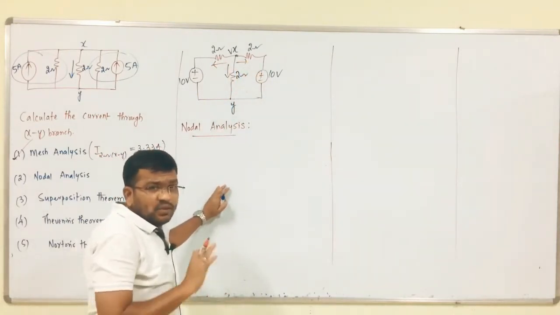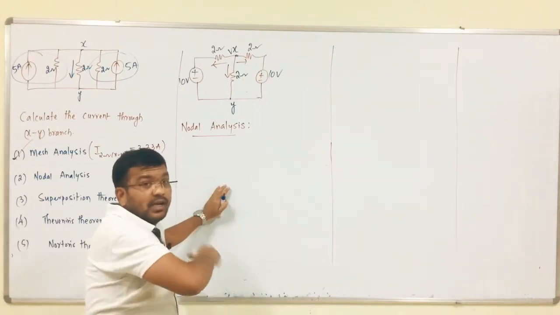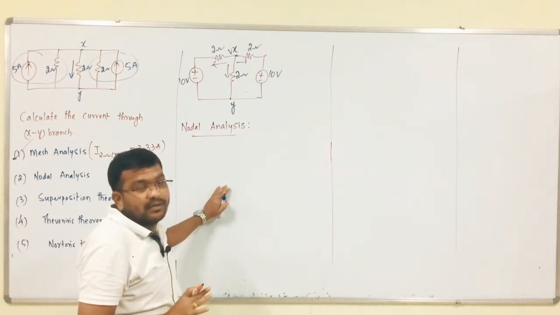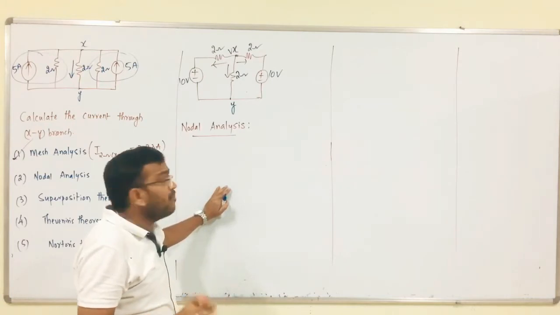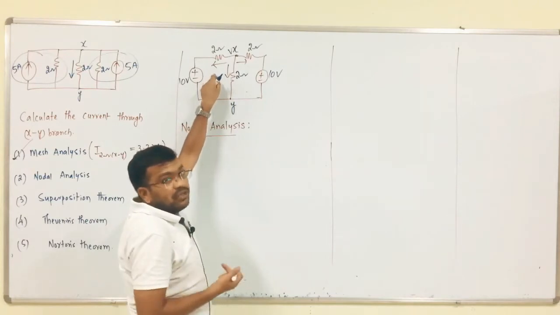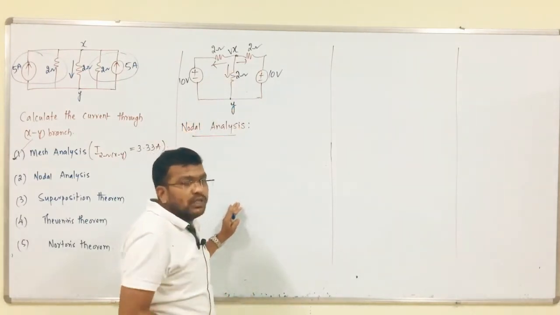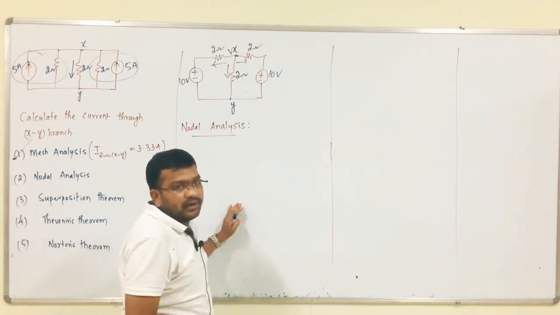I think there is no confusion at all. We already completed this nodal analysis concept long ago. If you have any doubt, go through that concept: mesh, nodal, superposition theorem, Thevenin's, Norton's. So, all currents are leaving, this is my assumption. The sum of currents leaving from that node should be equal to 0, or those entering towards the node should be equal to 0, both are correct.